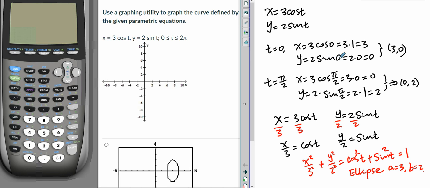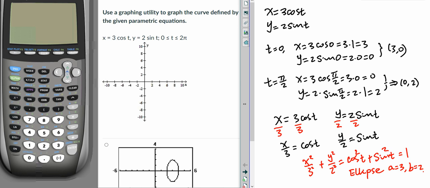Sine 0 is 0, so 2 times 0 is 0. The y coordinate is 0. So when t is 0, you have x coordinate 3 and y coordinate 0. So you have the point (3, 0).